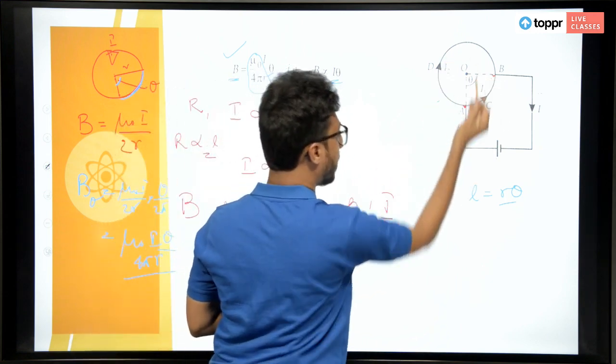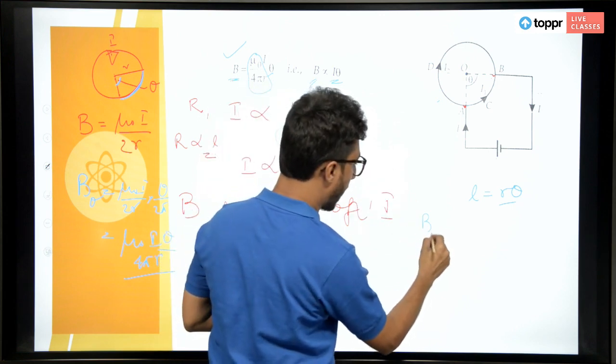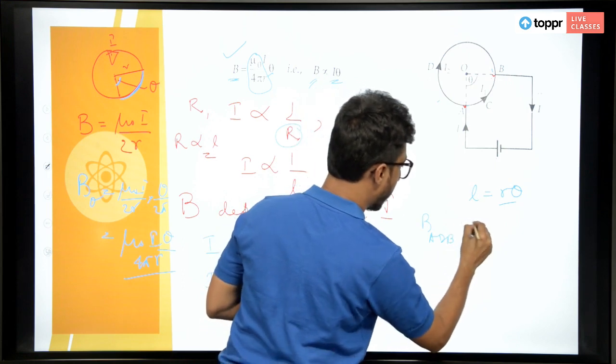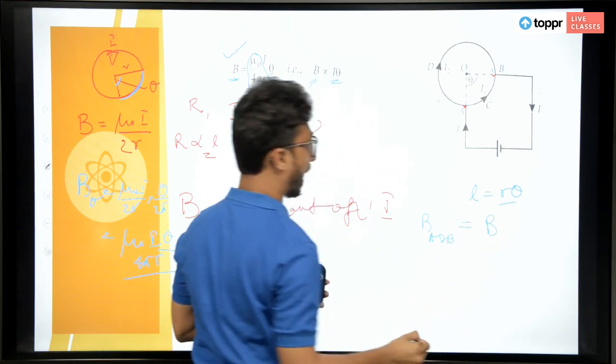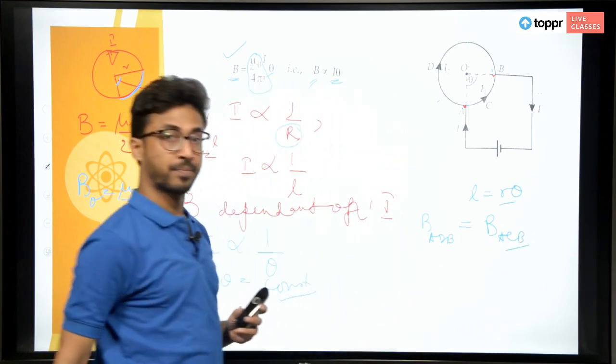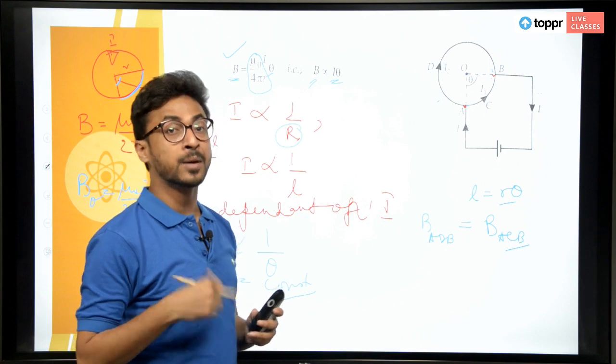One is ADB, so I can write that the magnetic field B by ADB is equal to the magnetic field B by ACB. Now, we have to note in what direction this magnetic field is working.